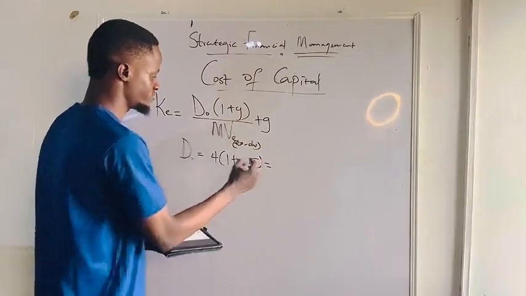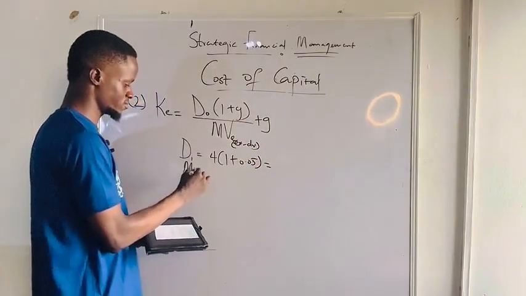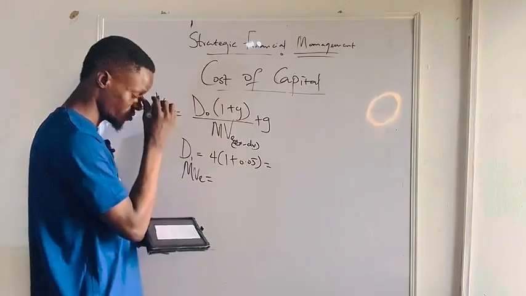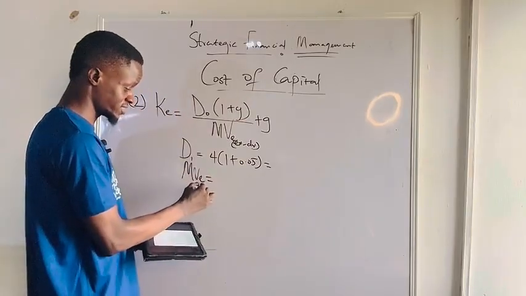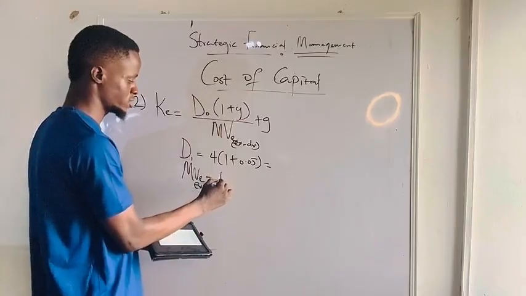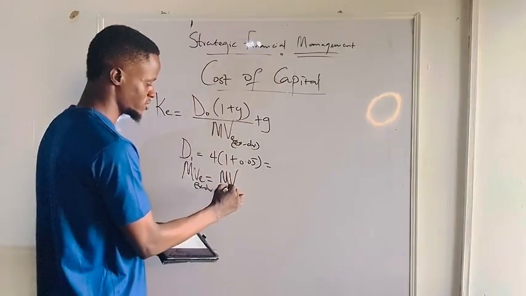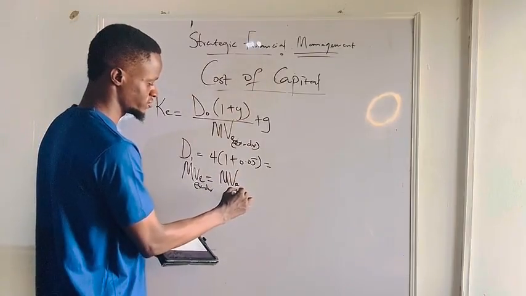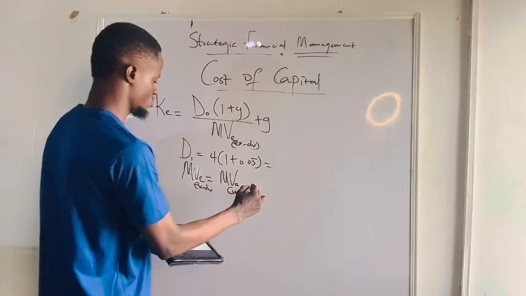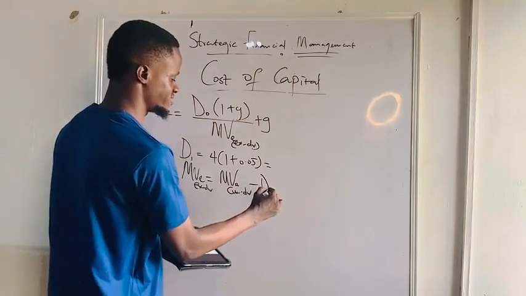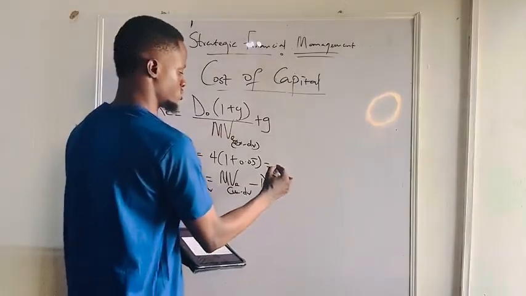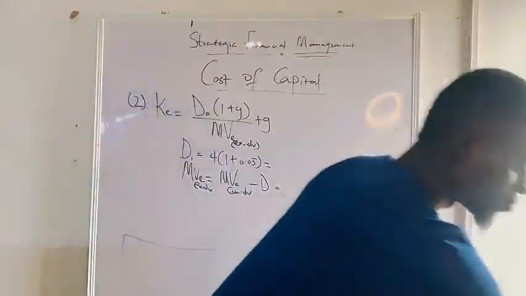So that will be the value of the dividend. And for the MV ex-div, it will be the market value of equity cum div minus the dividend. So let's punch our calculator.